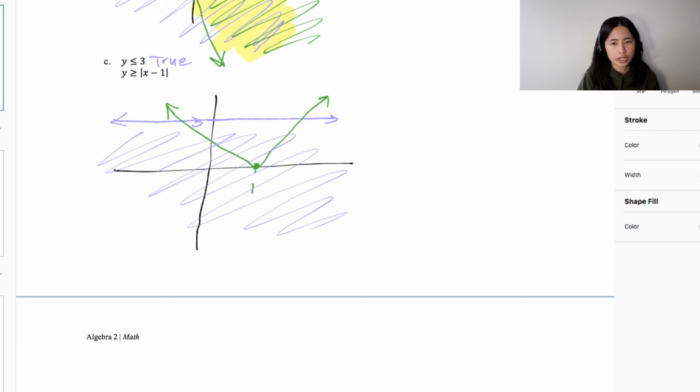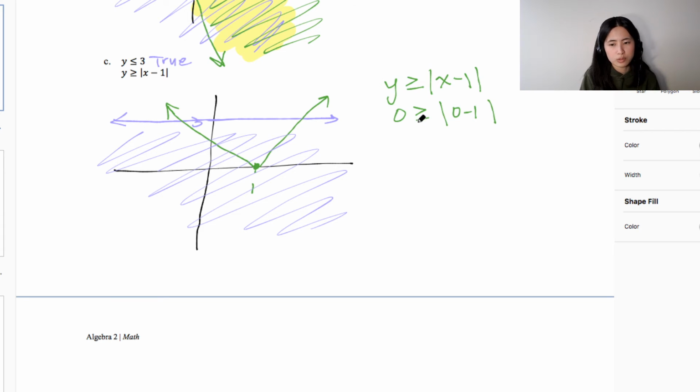And then if you're looking at your green function, well, this is an inequality. In this case, if you plug in your test point, because your test point doesn't touch, 0 comma 0 is still welcome to use. So you would have y greater than or equal to the absolute value of x minus 1. So let's use 0 comma 0 as your test point.